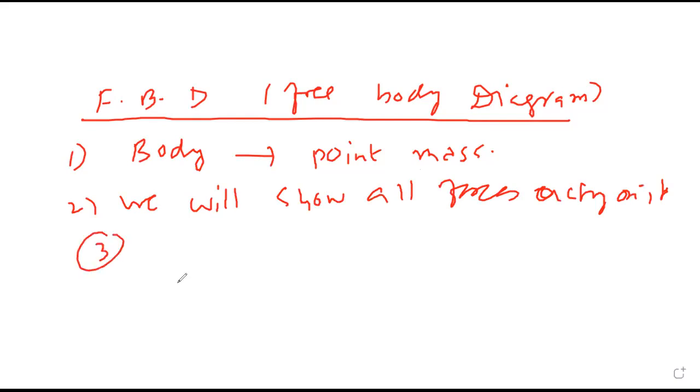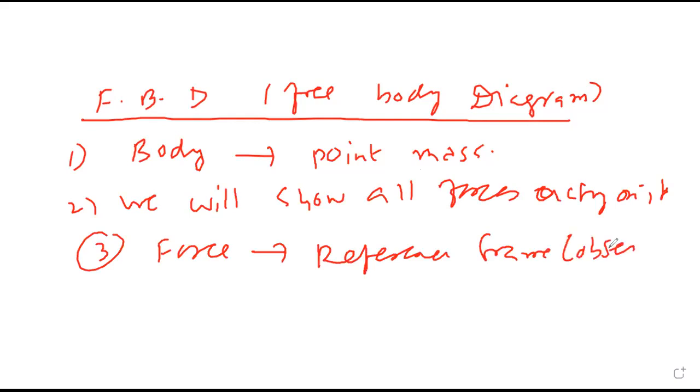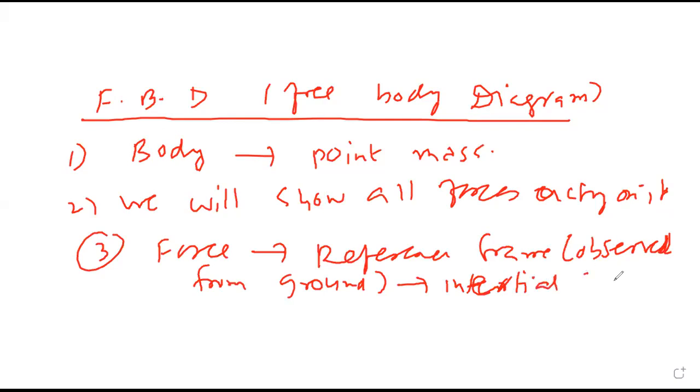Third, forces are always taken with respect to a reference frame. Reference frame means the observer who is observing from where? Observer from ground, also called an inertial frame. So we are talking about forces acting in an inertial frame of reference.